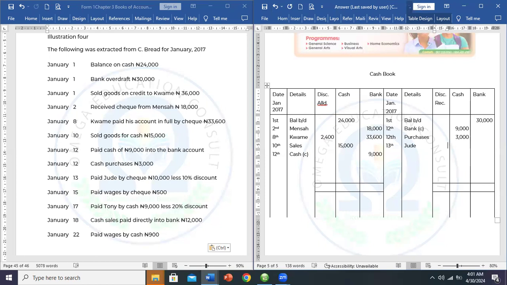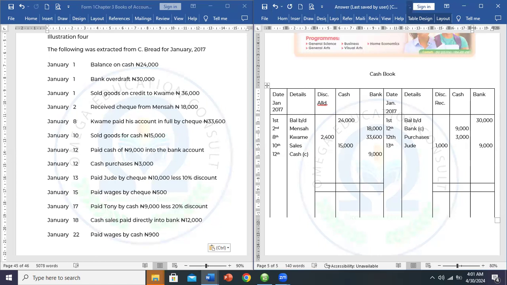I think that will be 1,000. Okay, so meaning that Jude is going to pay us how much net amount? 9,000, right? Because 10,000 less 10%, which is 1,000. The net figure should be under the bank column because he paid us check. Or sorry, we paid him check. So 9,000.